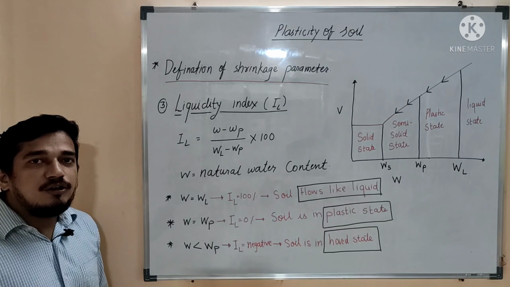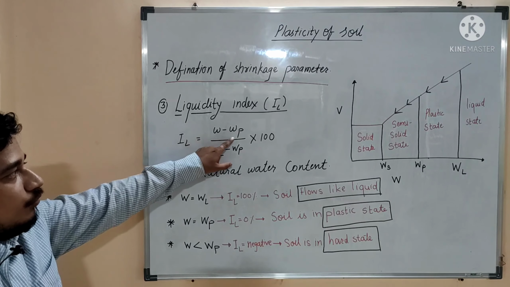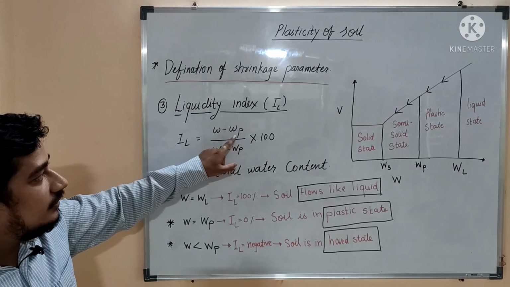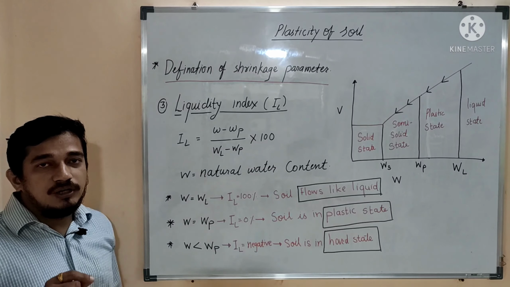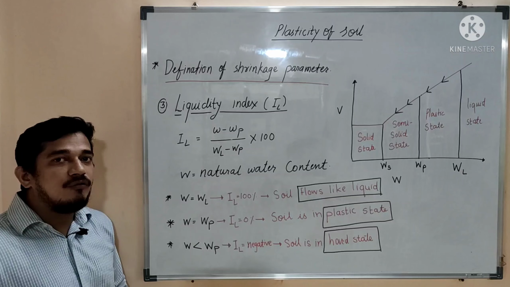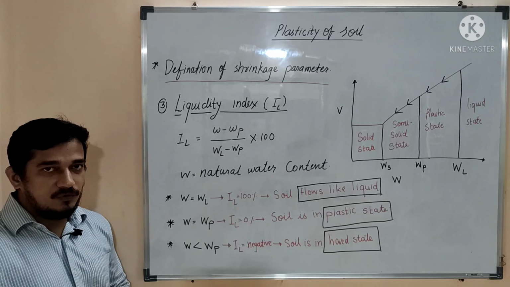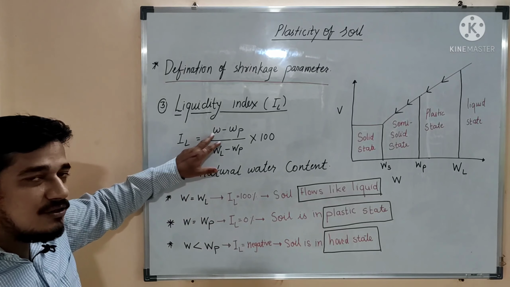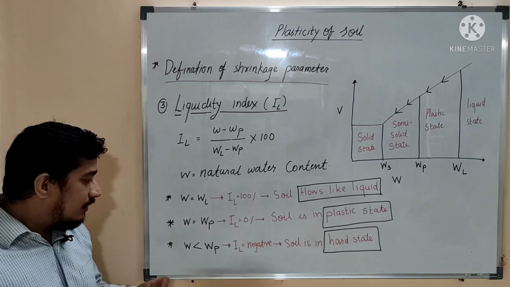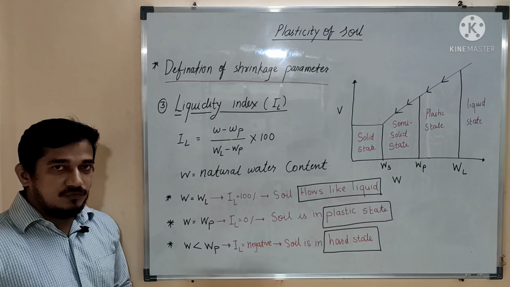But when the natural water content of a soil is at the plastic limit, that is, in W minus WP, the W will be replaced by WP. So that will be indicating 0, liquidity index will be 0. So it indicates that the soil is not flowing like a liquid anymore, it is in a plastic state. Okay, when the natural water content is lesser than the plastic limit, then the liquidity index will be reported as negative.